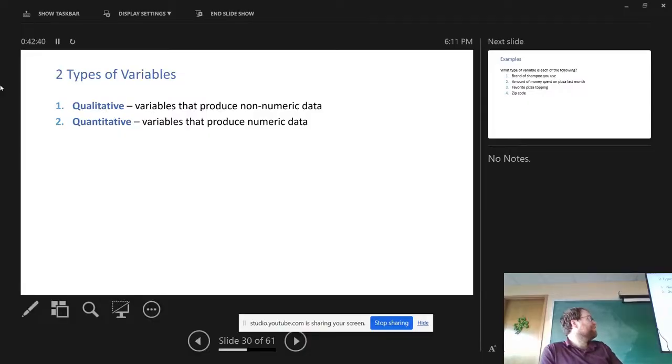To summarize the differences, quantitative means a number or how many of something. Qualitative means categories or groups that are not numbers. So if your answers are not numbers, it's qualitative. If you're getting numbers of some kind, it's going to be quantitative.